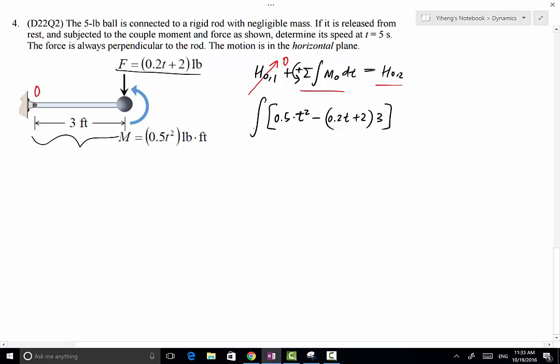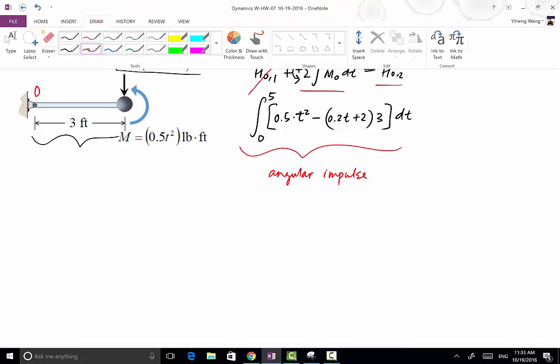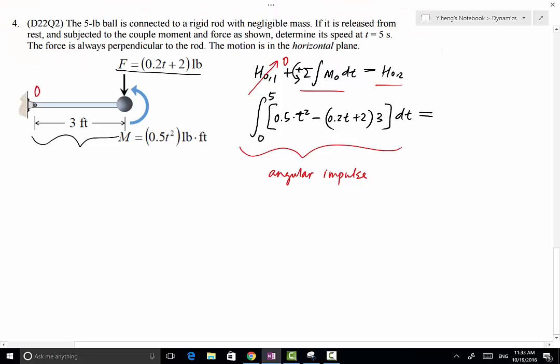And if we integrate it with respect to time, from time equals 0 to 5 seconds, this term right here now is the total angular impulse to this system during this time frame about O. And on the right hand side, that equals the moment of linear momentum, which equals m times v2 times d, the moment arm.